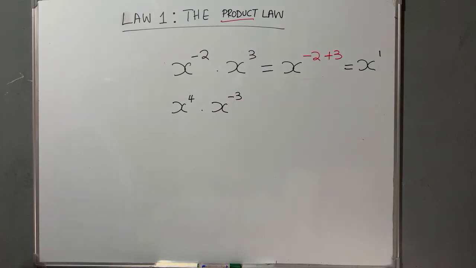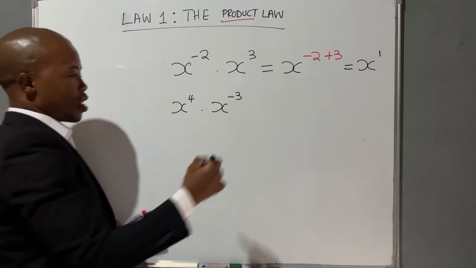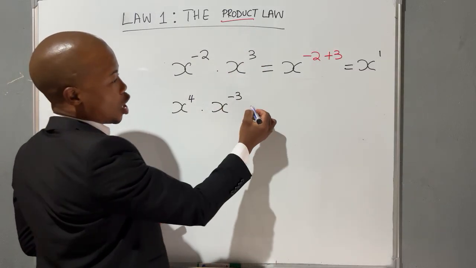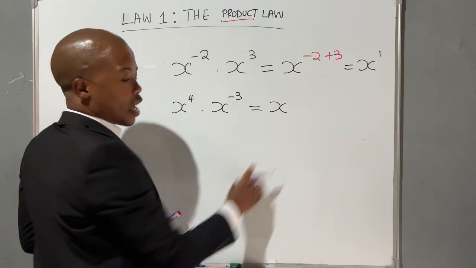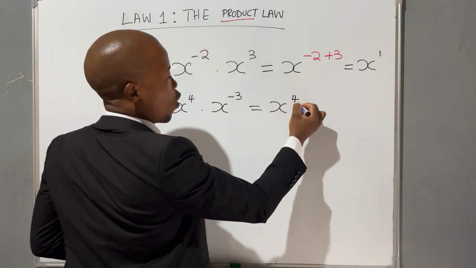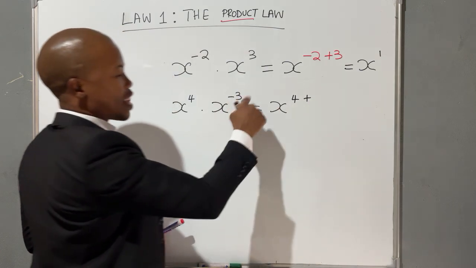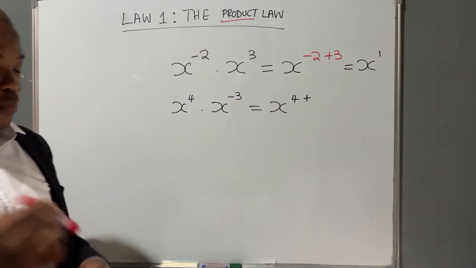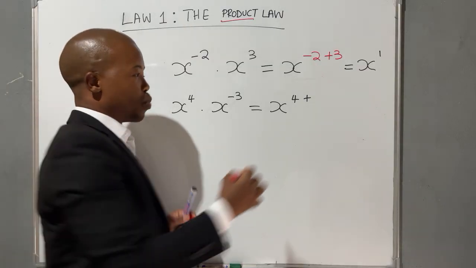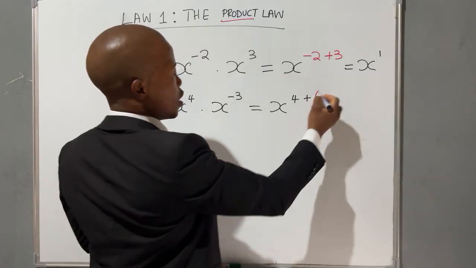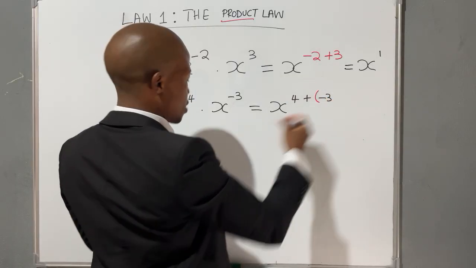You still do the same thing. The bases are the same and you're multiplying, which is your product. You still keep the base and then you add the exponents. You're going to say 4 plus the other one. To add this one, I prefer that you put it into brackets. Negative 3.